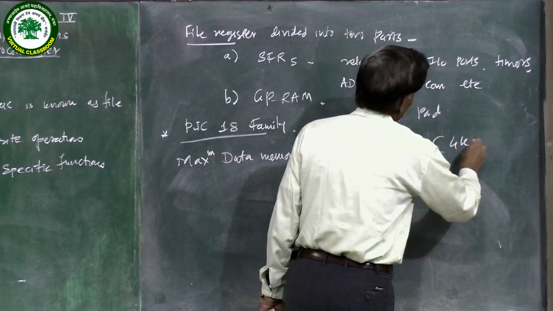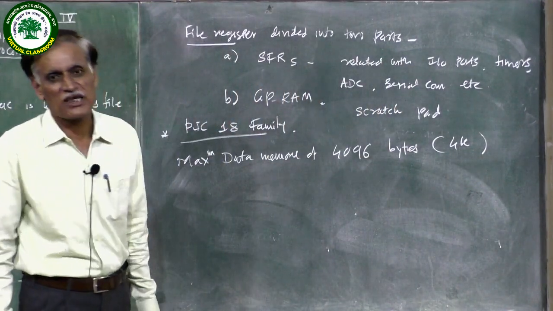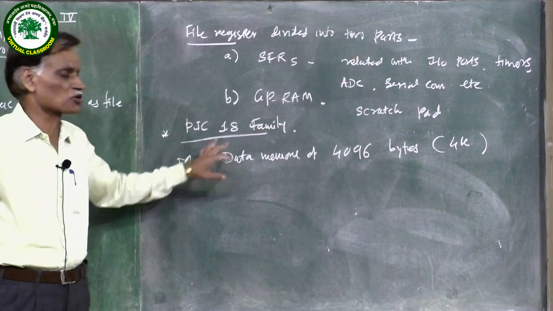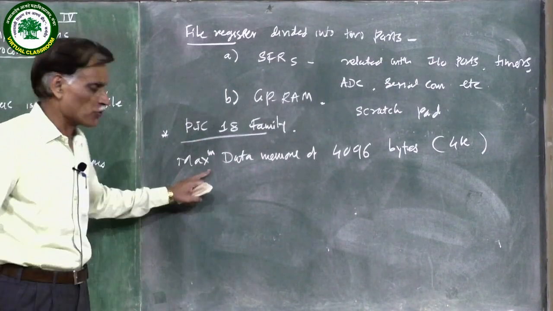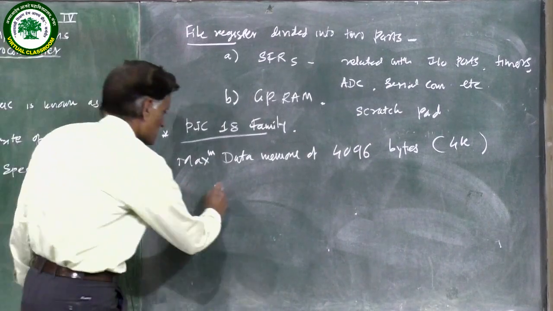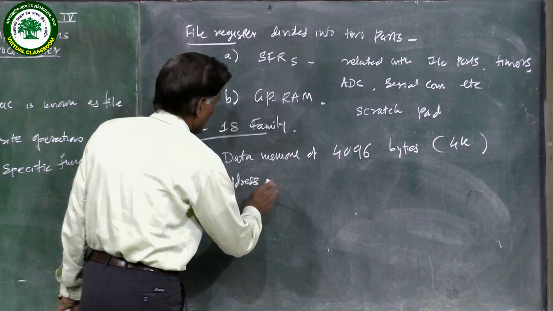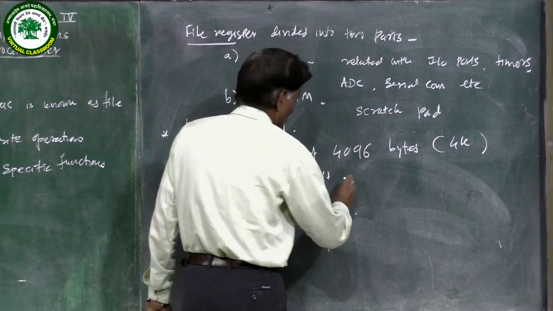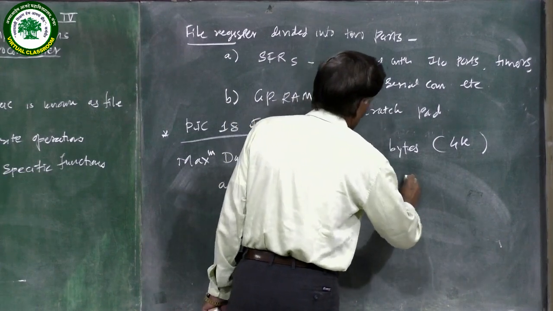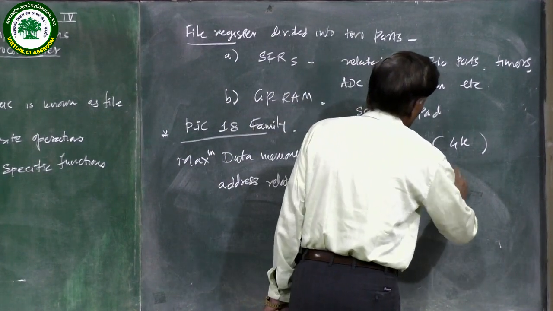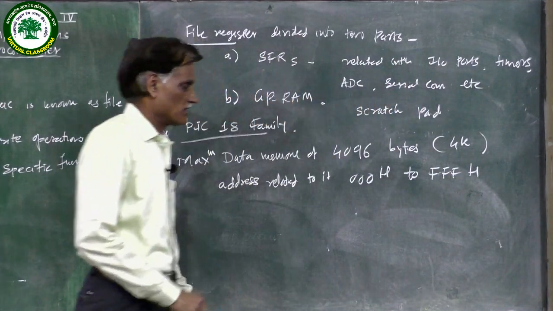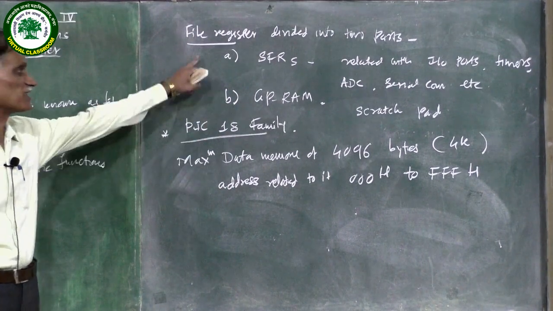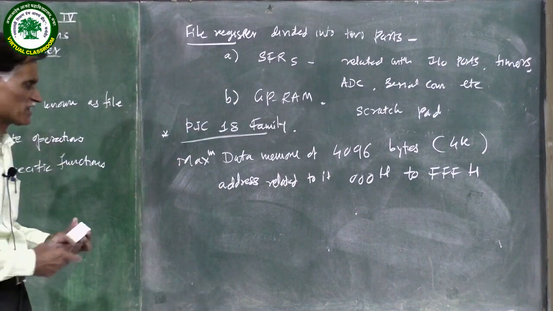In short, we say that 4K bytes. 4096 bytes of data RAM is maximally available in the PIC18 family. Now, if you calculate the address range, the addresses range from 000H to FFFH. By using this address space, you can study the PIC file register associated with it.